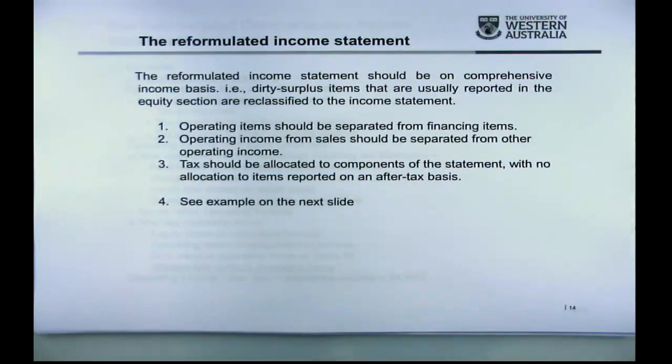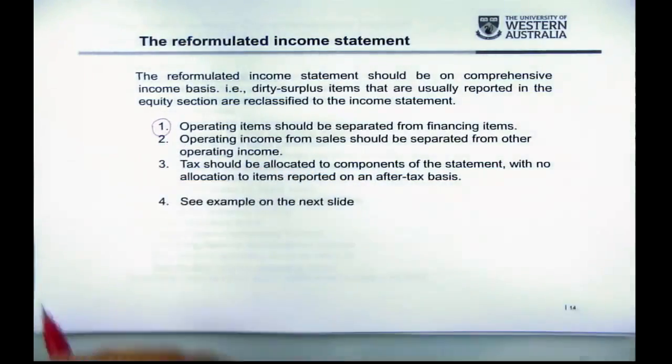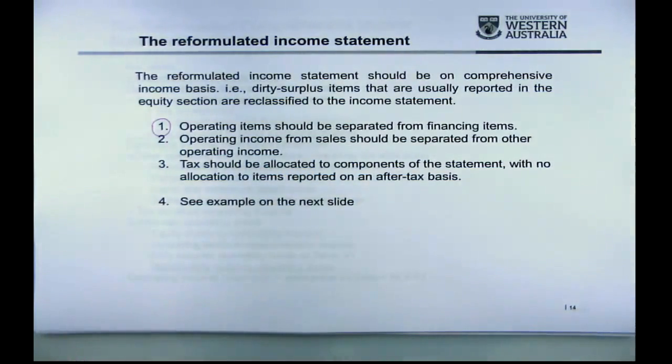So here, again, the key idea is to separate operating items from financing items. And note that once we have separated operating items from financing items, operating items also need further, let us say, split.